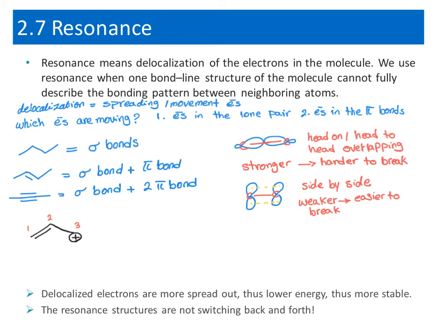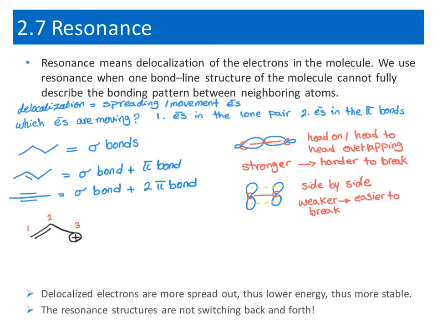The molecular orbital theory study showed that in the allyl carbocation, we should have two positions that carry that plus charge. However, when you look at the structure drawn here, you can only see the positive charge on a single carbon. Therefore, this structure alone cannot fully describe the structure of allyl carbocation.